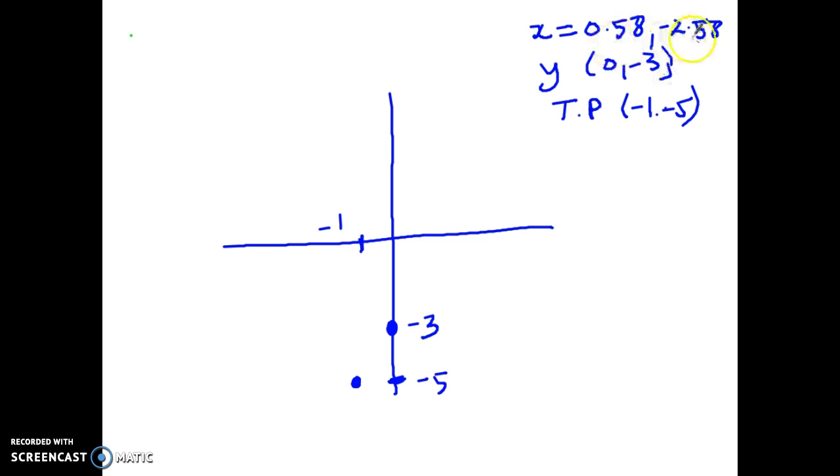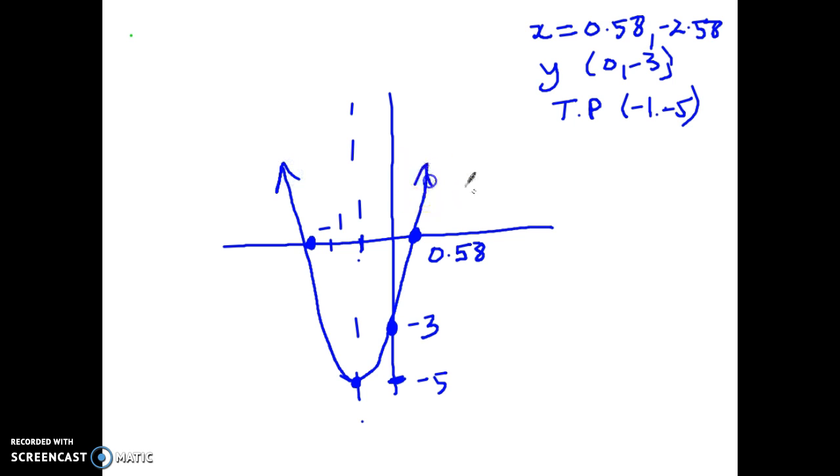And then my x-intercepts of 0.58 and minus 2.58, keeping in mind that that there is our axis of symmetry. So there's all our points. Join that up, join that up. Arrows on everything, label your axis. And you're done. Oh, I didn't label that one, minus 2.58.